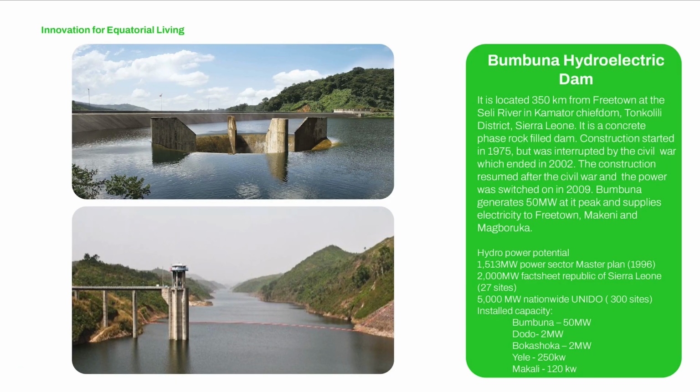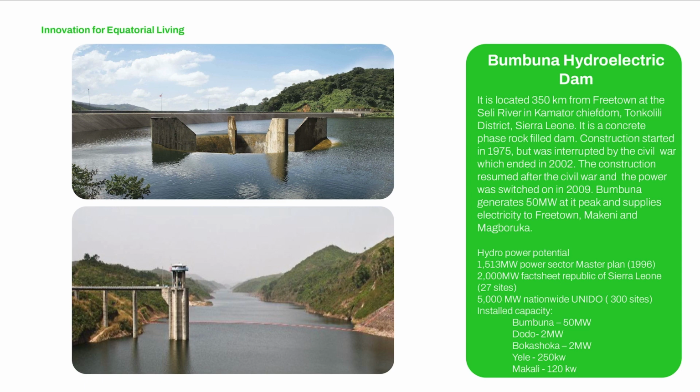We have another mini dam we call Dodo, which is 2 megawatts. Bankasuka, another one, is also 2 megawatts. And we have the Yele, which is 250 kilowatts, and the Makali, which is 120 megawatts. There are a lot of challenges when it comes to electricity in Sierra Leone.